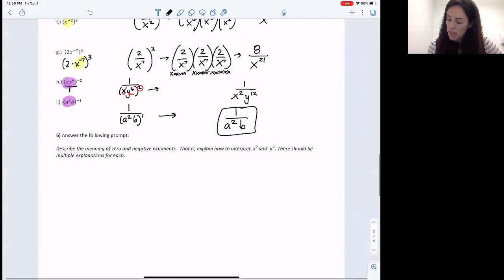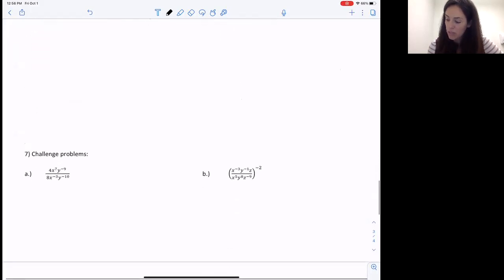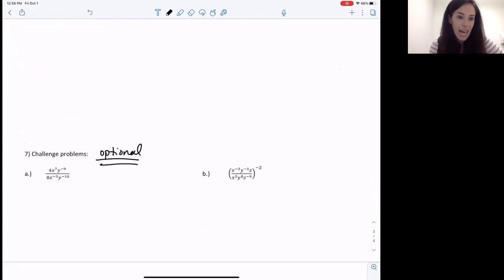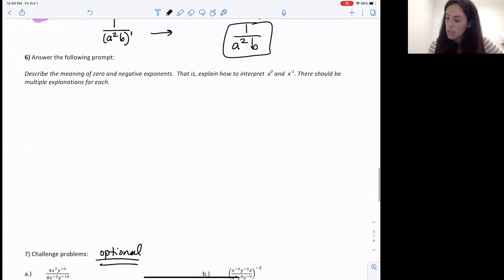Okay, that's all I have for you in terms of notes. These challenge problems are optional. If you'd like to try them, I will go over them with you next class. But I do want you right now to take a second to write yourself a little explanation of 0 exponents and negative exponents.